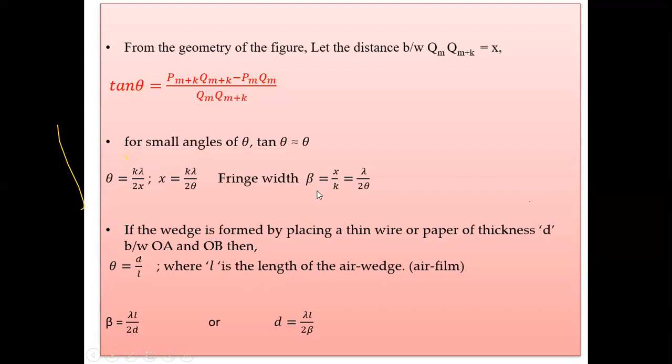Substituting for theta in the expression for beta, we get beta as lambda L by 2D.